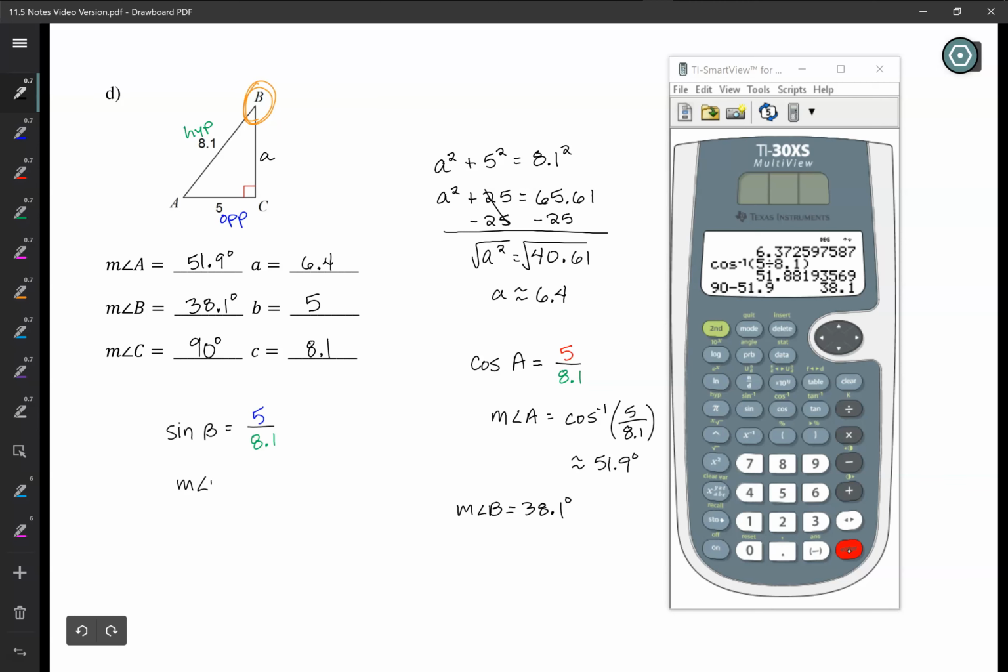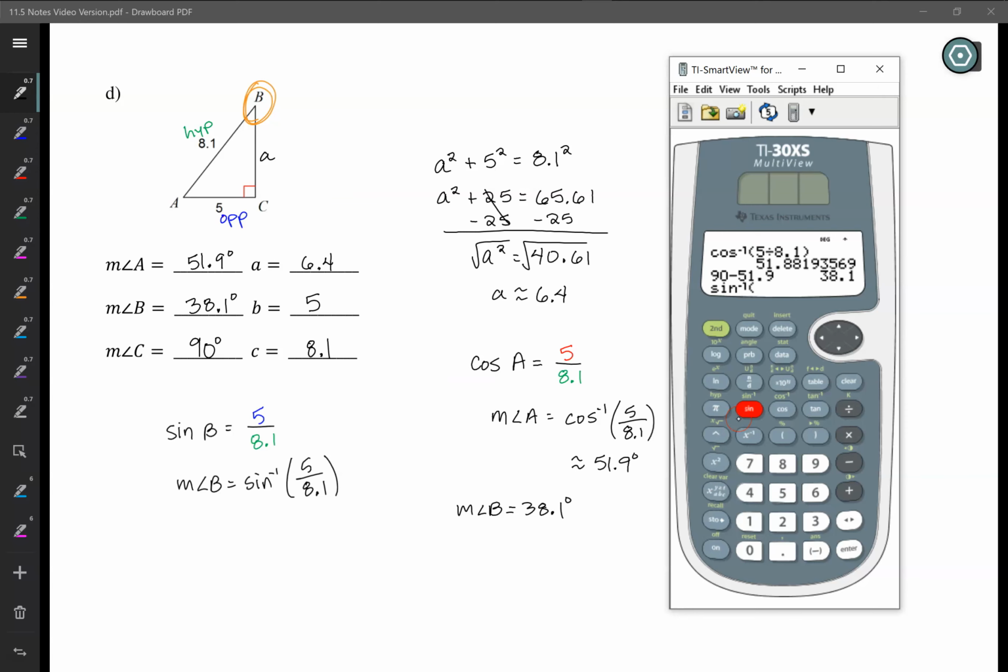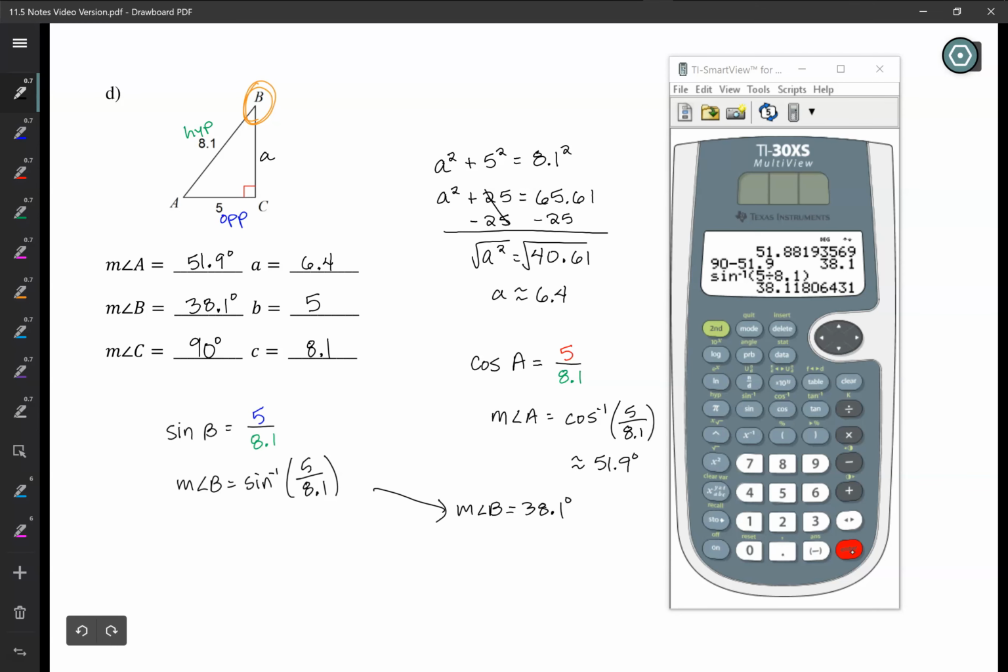So the measure of angle B is the inverse sine of 5 over 8.1. So if we did the problem right, we should get the same answer either way. Look, 38.1 degrees, same answer. You've got choices.